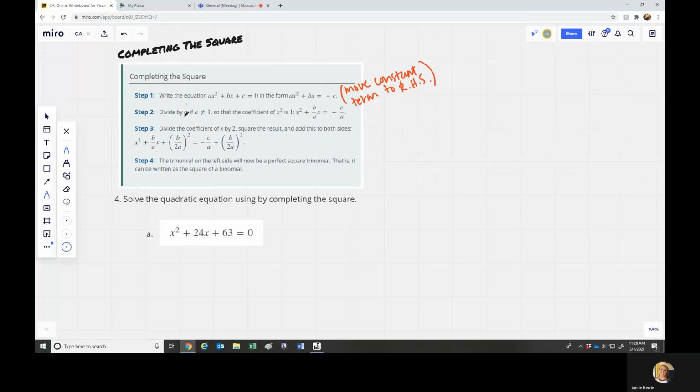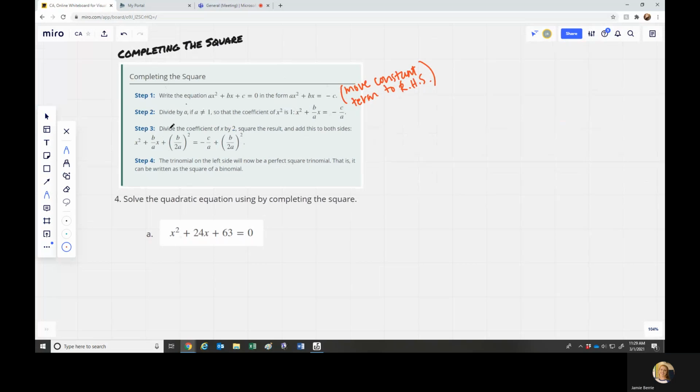Divide everything by a, so that the coefficient of x squared is 1. So basically, if you have a coefficient on x squared, divide every term by that coefficient so that you've got a coefficient of 1 on x squared. Then you're going to go off to the side, do a little bit of scratch work.